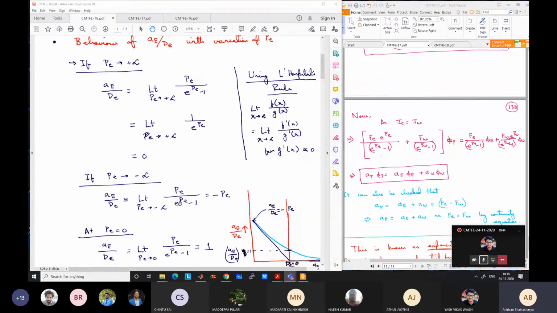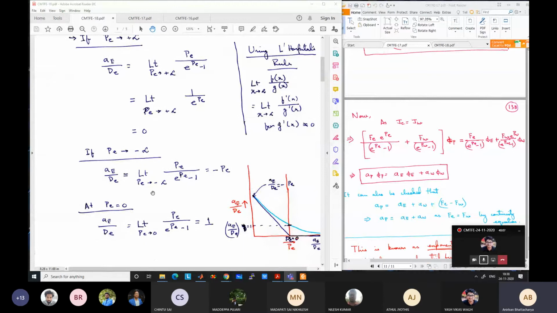E to the power minus infinity is 0. So basically 0 minus 1, so it is minus 1. So p divided by minus 1 is minus p. So for very large negative values of p, this a by d tends towards minus p. The straight line follows the path minus p.